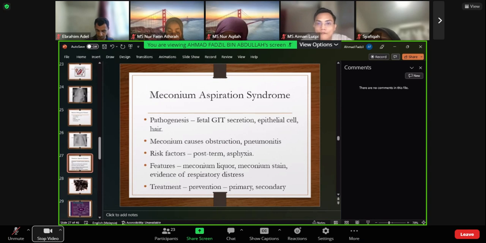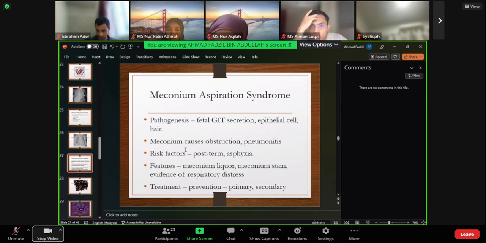Meconium aspiration is another common condition, not very common now, but still fairly common. What happens is that, sometimes in Malay we say, the child defecated inside the womb. But what it means is that meconium is secreted out through the anus, which contains fetal gastrointestinal secretion, epithelial cells and hair. Then this meconium, for certain reasons, while floating inside the intrauterine space, is aspirated into the lung, causing obstruction and pneumonitis.